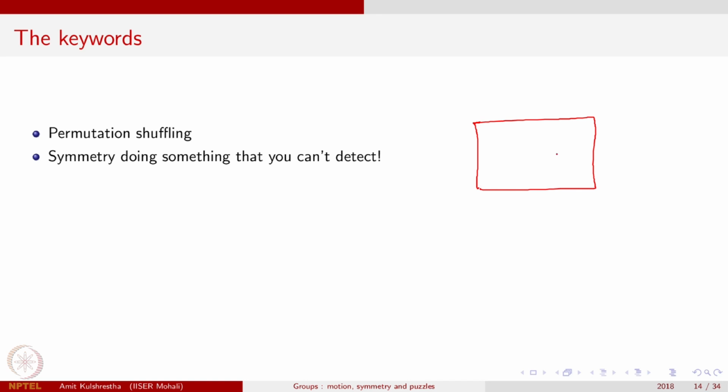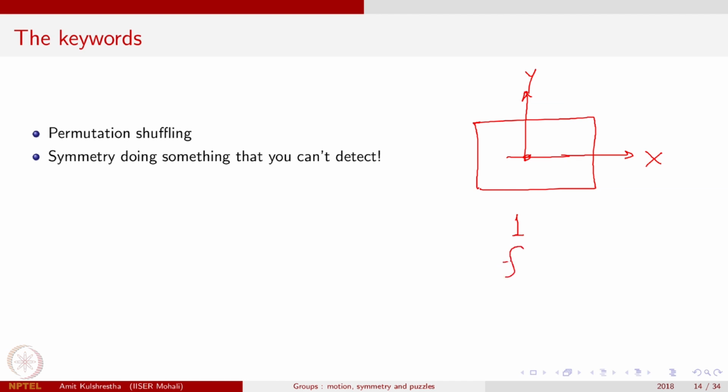I have a rectangle, I have these axes, x-axis, y-axis, and then if I don't do anything, I am denoting it by 1.